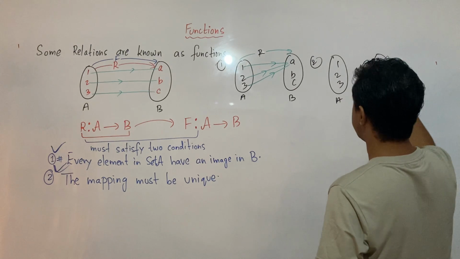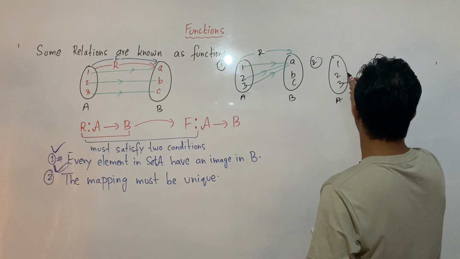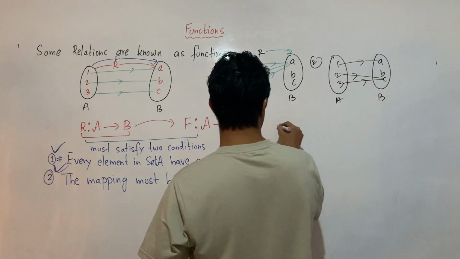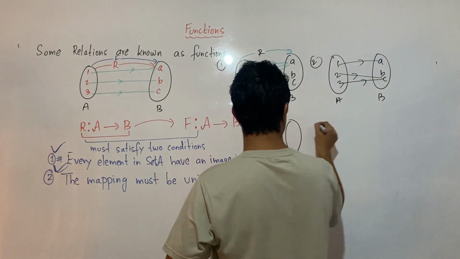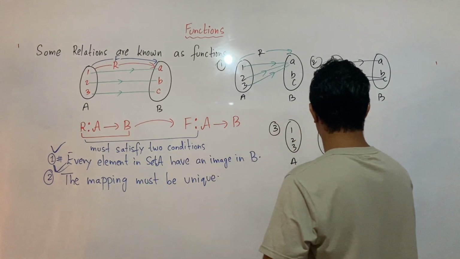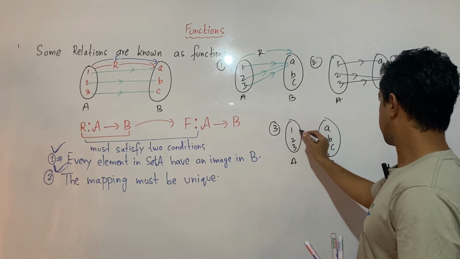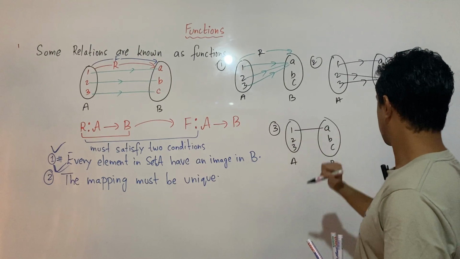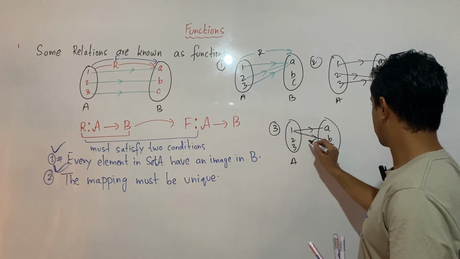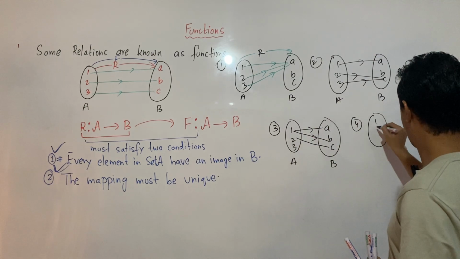Here A, B, C. Here 3 is mapped to C, 2 is mapped to C, and 1 is mapped to A. Then we have another case where here A, here B, here 1, 2, 3, A, B, C. Sorry, 1 is mapped to A, 1 is mapped to B, 2 is mapped to C. Then we have number 4, 1, 2, 3.